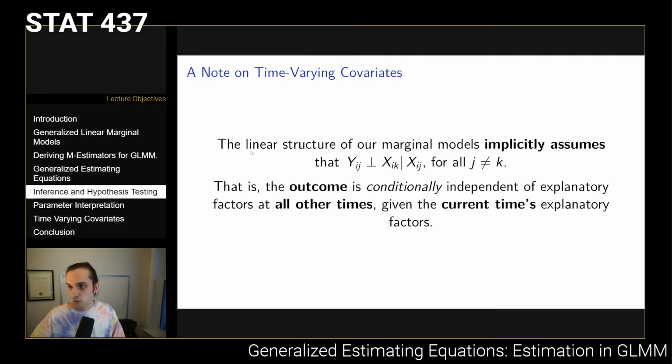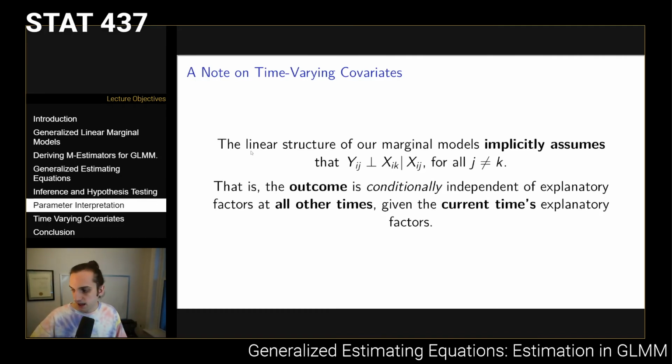Now, there's one other point that I want to make here, and that is discussing time-varying covariates, okay? In a linear marginal model, or a generalized linear marginal model, the structure that we're assuming for this model is actually making an implicit independence assumption.